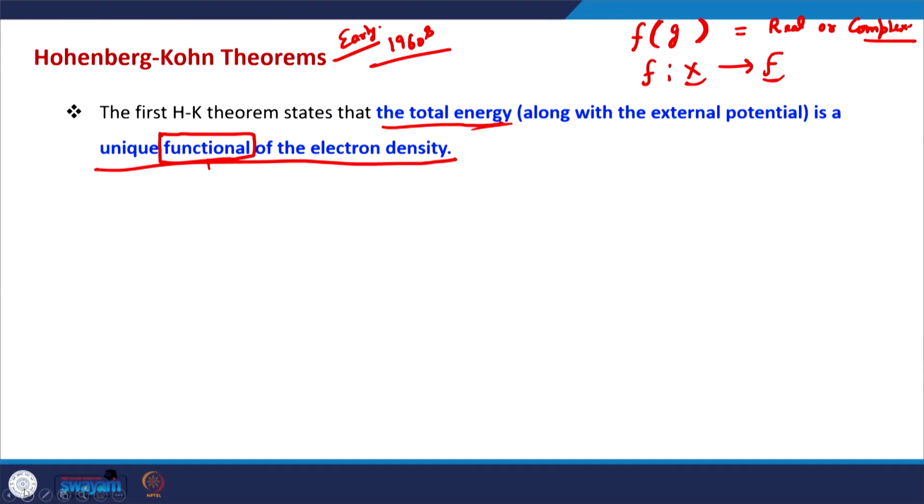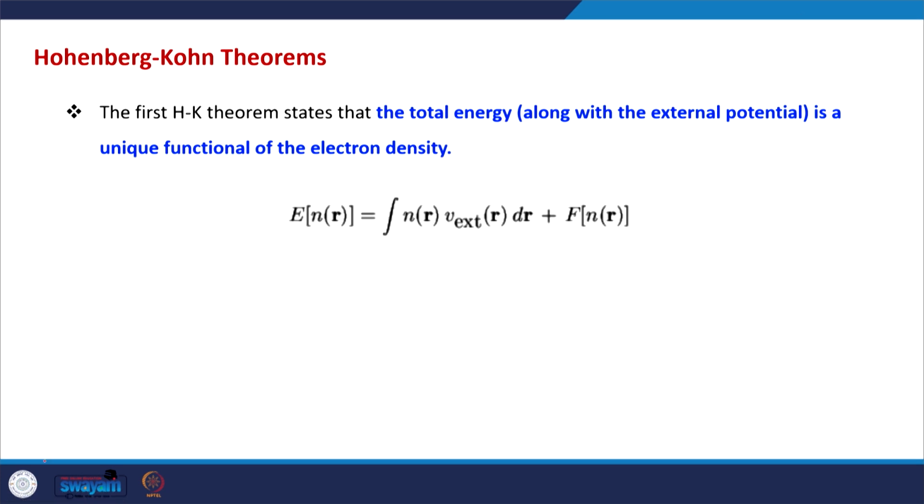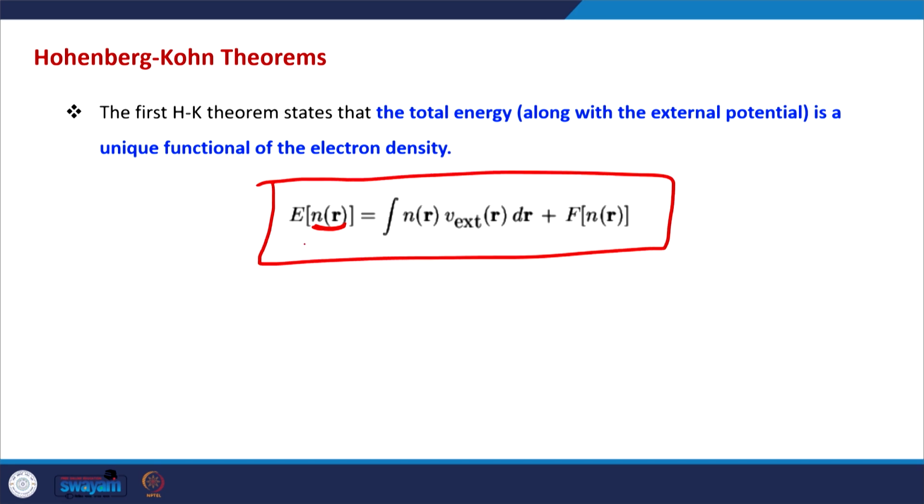Okay. So the first theorem sort of conveyed that the energy can be calculated just from the electron density function, and this is the form of this energy functional. The energy functional can be written as the sum of 2 components.